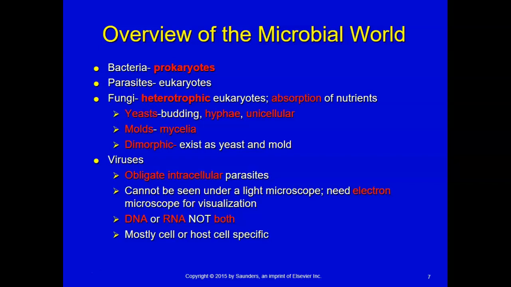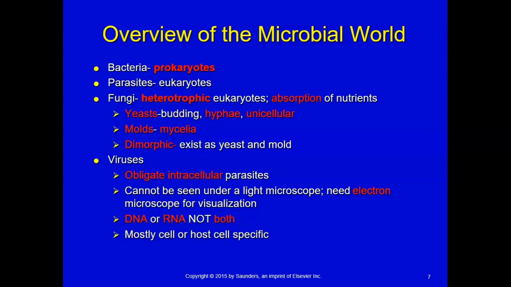Hyphae are filaments that can give fungi a fluffy appearance, and mycelia are flat mats of interwoven hyphae. Some fungi can be a yeast at one temperature, for example, body temperature, and the filamentous mold form at room temperature. So when a fungus can exist in both morphologies, it is said to be dimorphic. You guys knew that already.